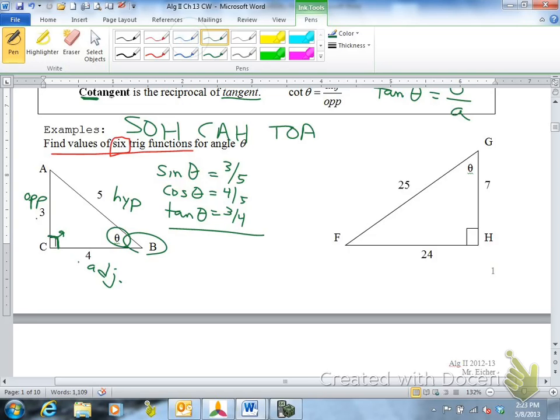Once you identify those, you just take reciprocals of each one with the reciprocal functions. The reciprocal of sine is cosecant theta, which is 5/3. Cosine's is secant theta, which is 5/4, and cotangent theta would be 4/3.